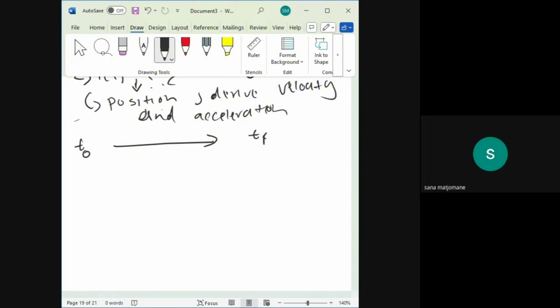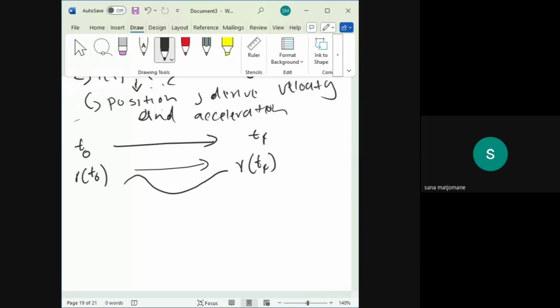So its position here is r(t naught), and this position is going to change to r(tf). Now, when the object moves from t naught to tf, there is a path. We can trace the path, right? What do we call the path, guys?